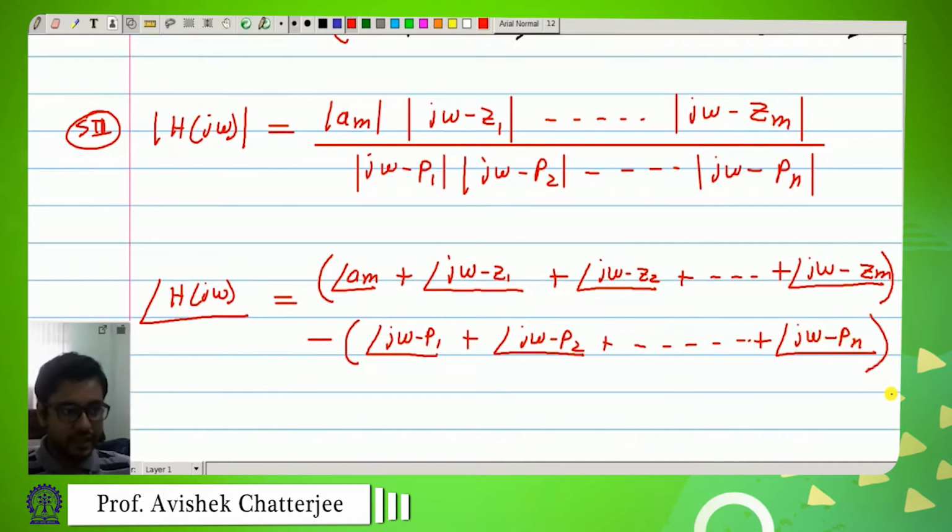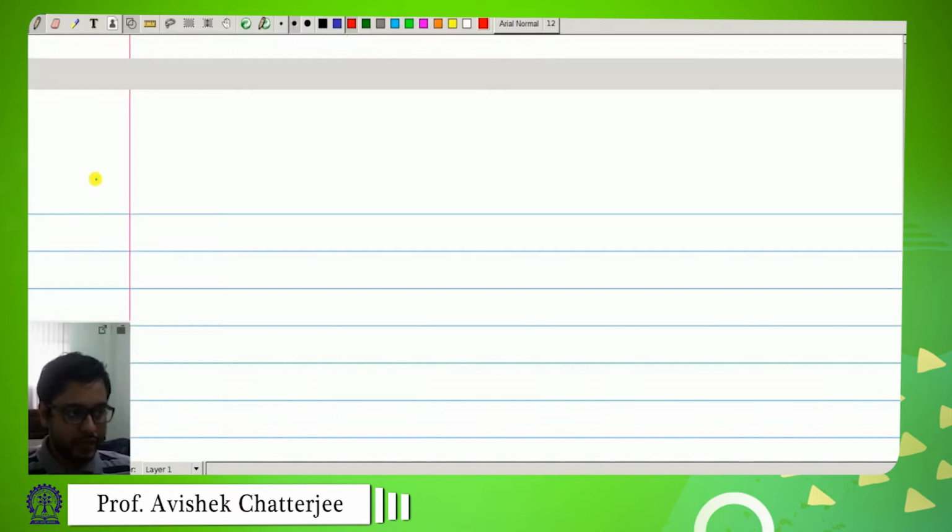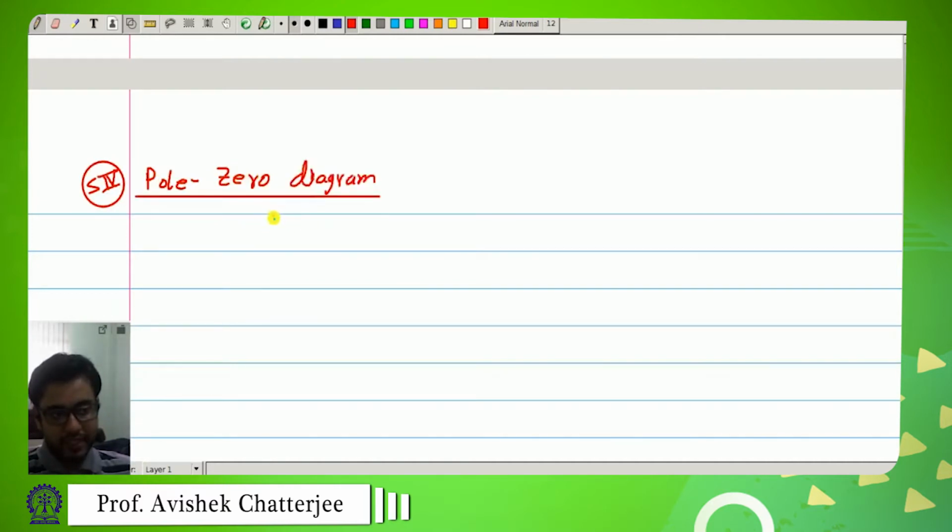Okay, next step 4, we will draw a diagram which is called the pole zero diagram. We will draw a complex plane, Argand plane.